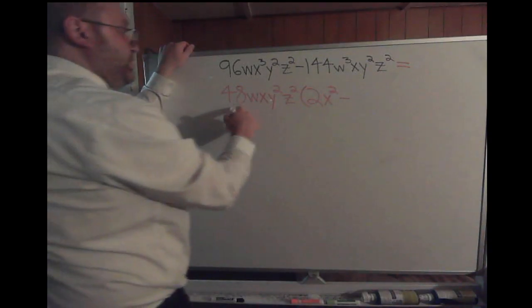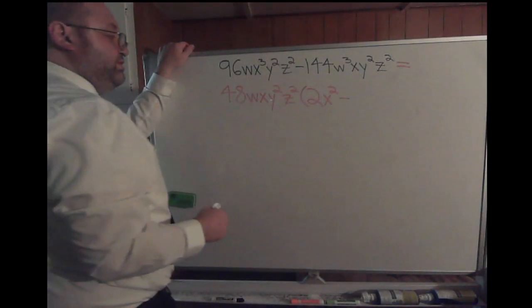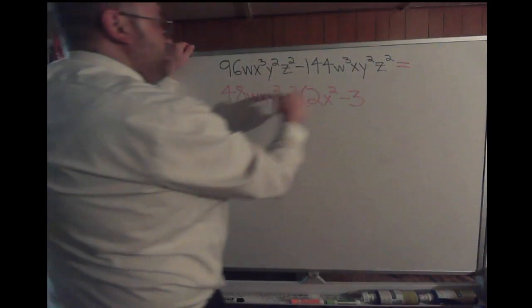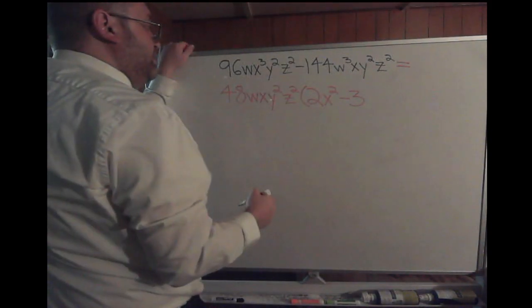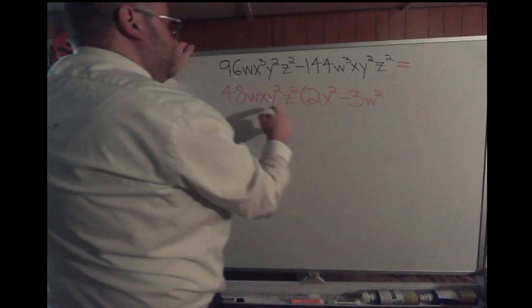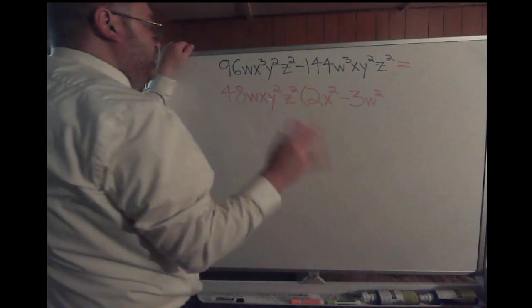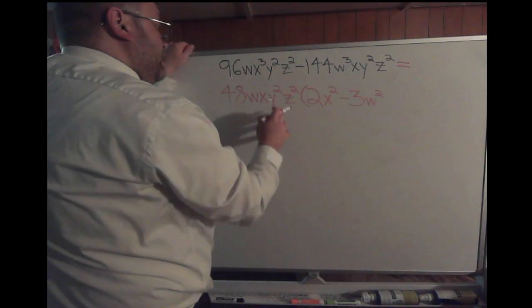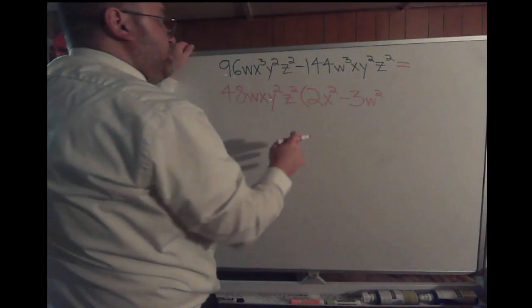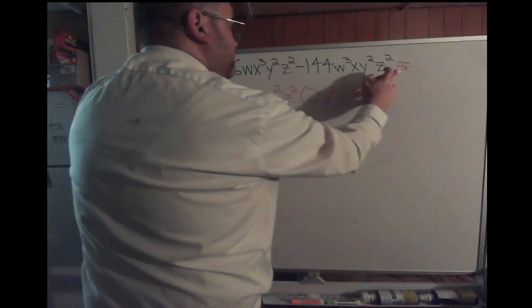Minus, then we got 48 times what equals 144? Well, that'd be 3. Then w times what equals w to the third? That'd be w to the second. Then x times what equals x? That'd be 1. And then we got y to the second times what equals y to the second? That'd also be 1. Z to the second times what equals z to the second?